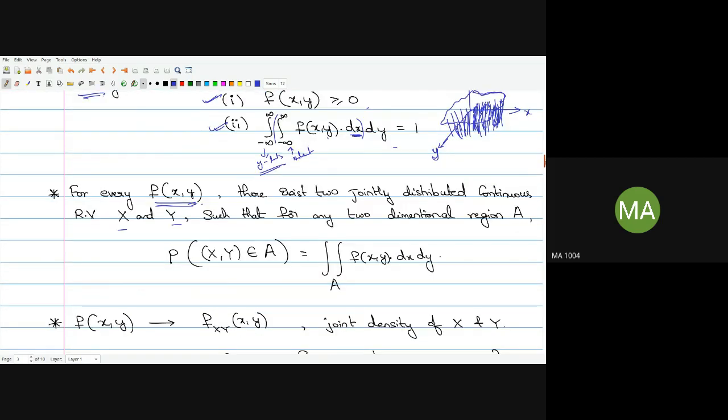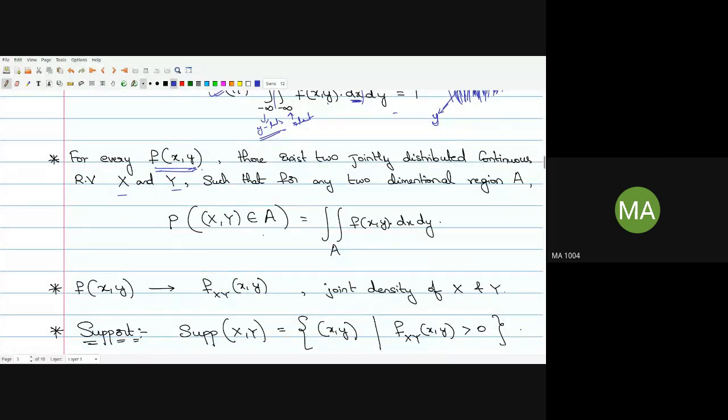And if I want any region or event A, and I have to compute the probability that x and y will take values inside that region, then I have to integrate along that area. This is the main important concept I am talking about.